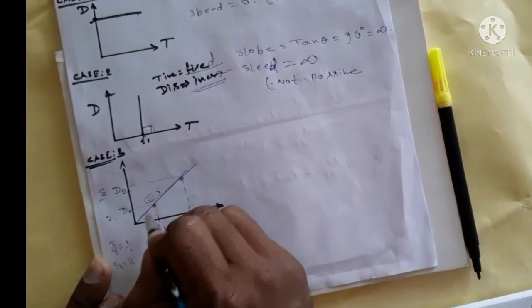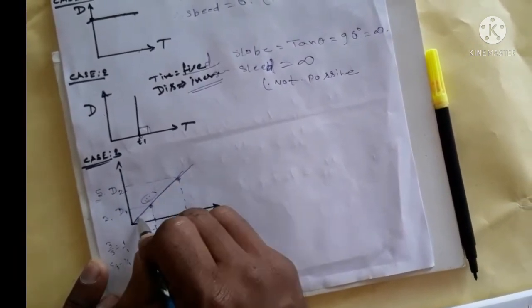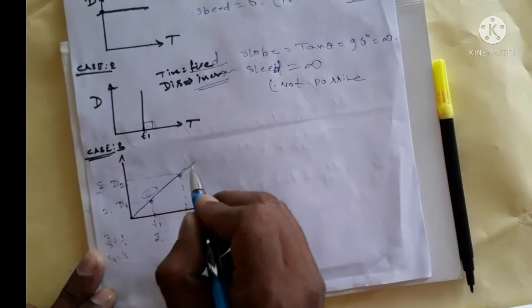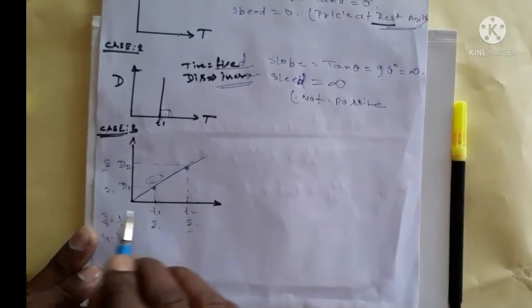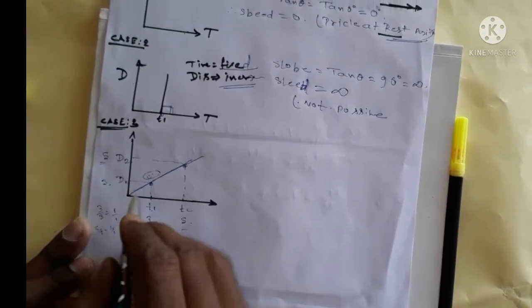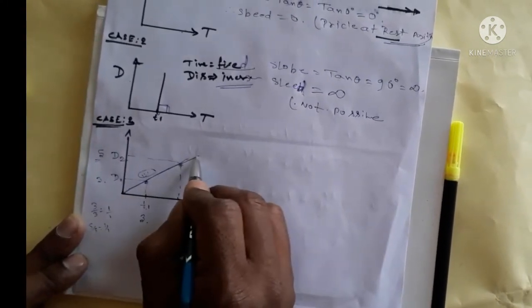So from every point the same ratio increases, the same amount, directly proportional. If time increases in the same ratio, then distance increases in the same ratio. This type of graph is linear.